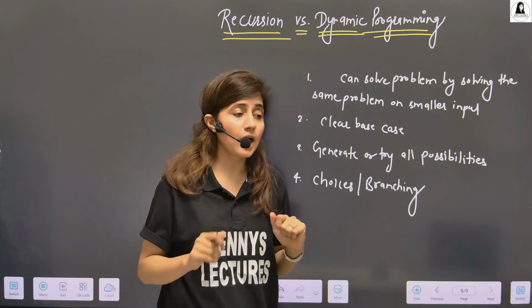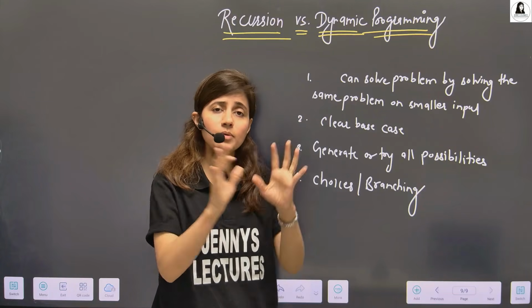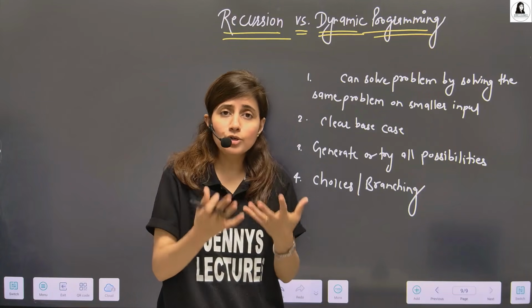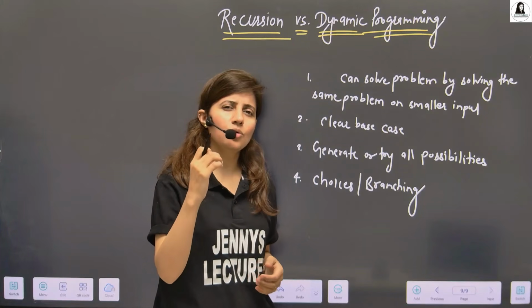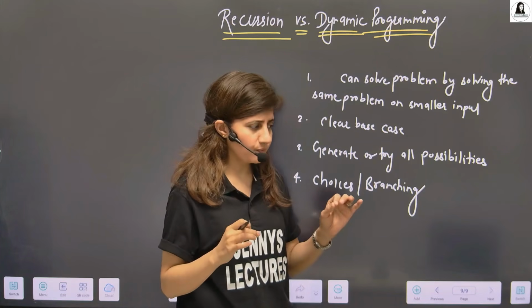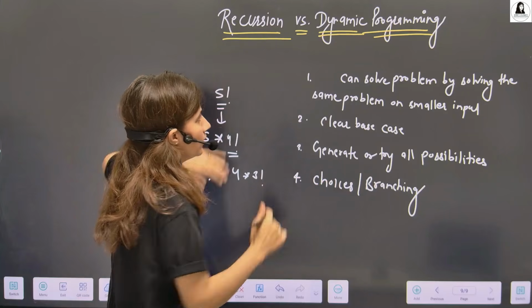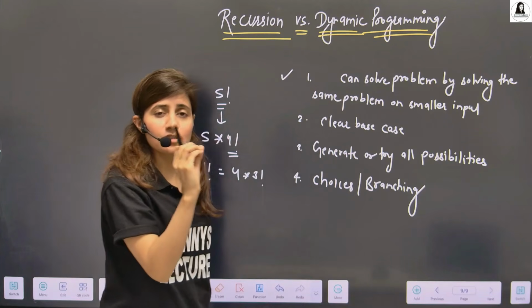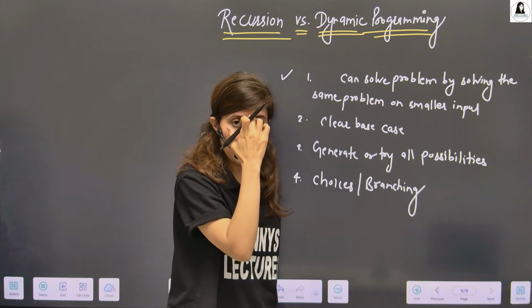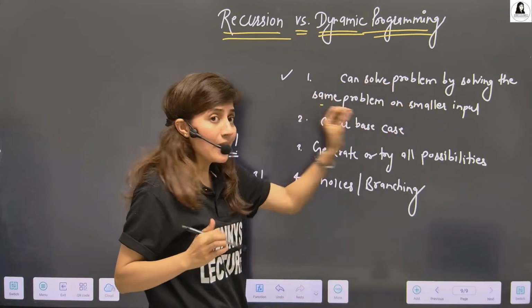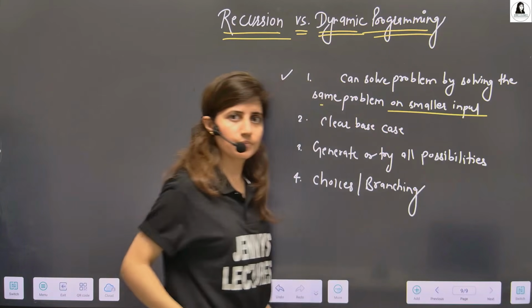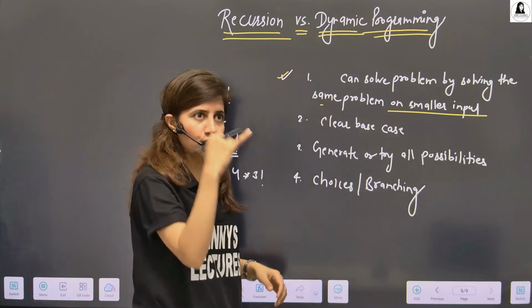That is what recursion is. But how do you identify that in a problem? If a problem is given to you, how do you identify that you can use recursion here? You will have to take care of a few things. The first and main sign is that you can solve the problem by solving the same problem on a smaller input. You need to identify that.